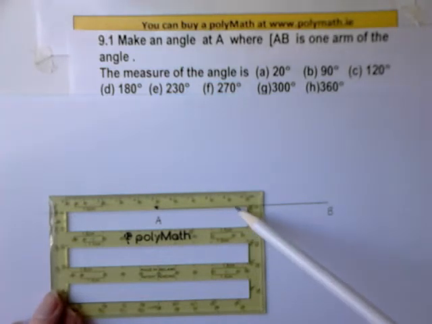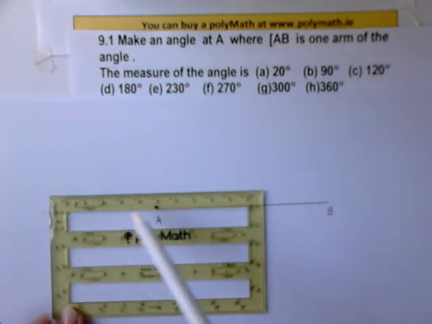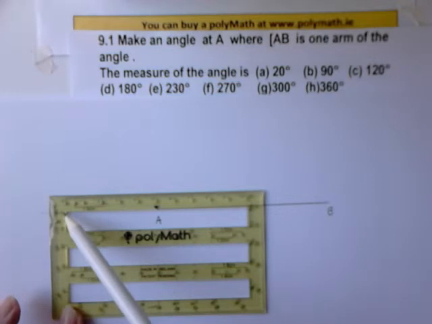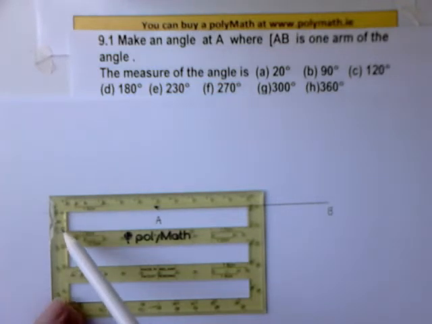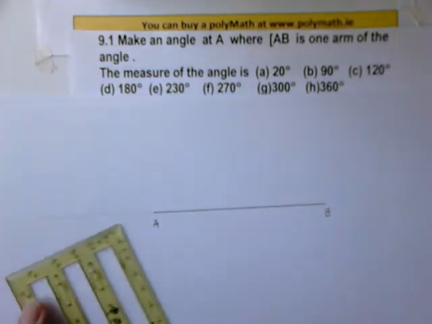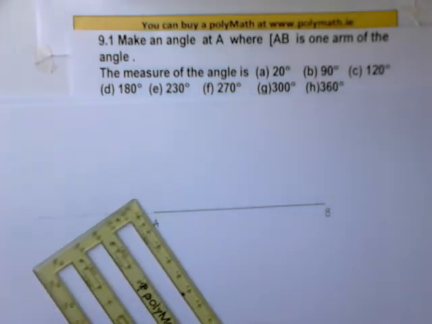So I'm putting that there like that, and I want to get 120 going from this arm around to somewhere here. So I'm going to start with 0, 10, 20. I'm on the inside, so it's an inside 120 I want. And I'll put that dot there, and I'll join that down.